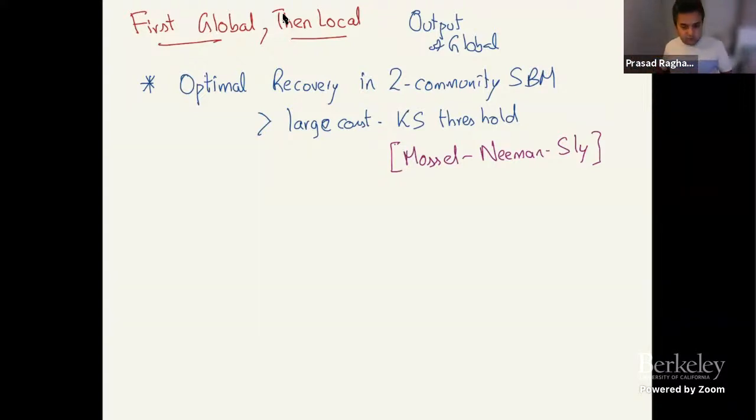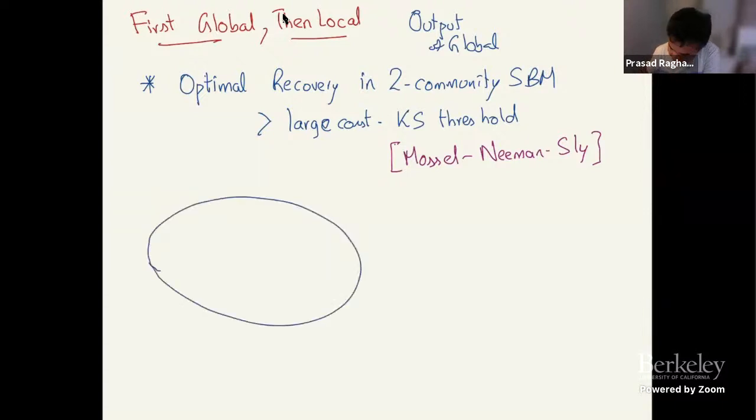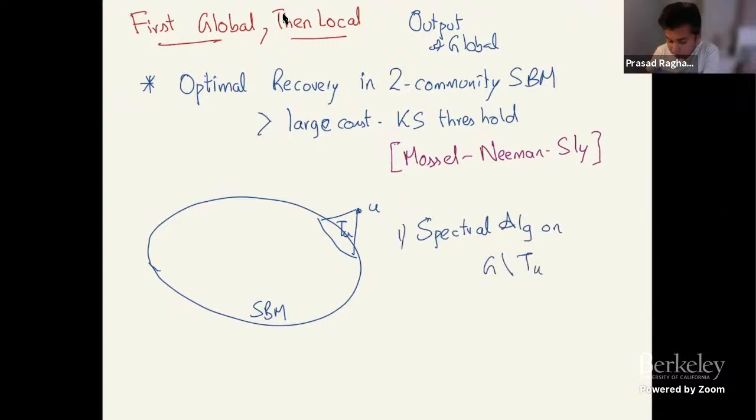But this issue was handled cleverly in this paper by Mossel, Neeman, and Sly. So what they did was the following. You have an SBM. For every vertex U in the SBM, you pluck out a tree of some depth; let's say T sub U is a tree. Then you run the spectral algorithm on the graph minus the tree.